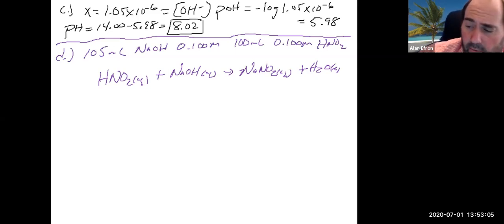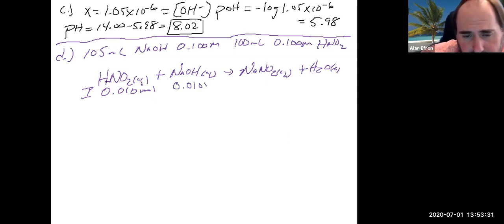So 0.1 liters times 0.1 molar gives us our same starting moles for our HNO2, which is 0.01, again in moles. Now we're going to take 0.105, which is the 105 milliliters, times 0.1, gives us 0.0105 for our sodium hydroxide, and 0.